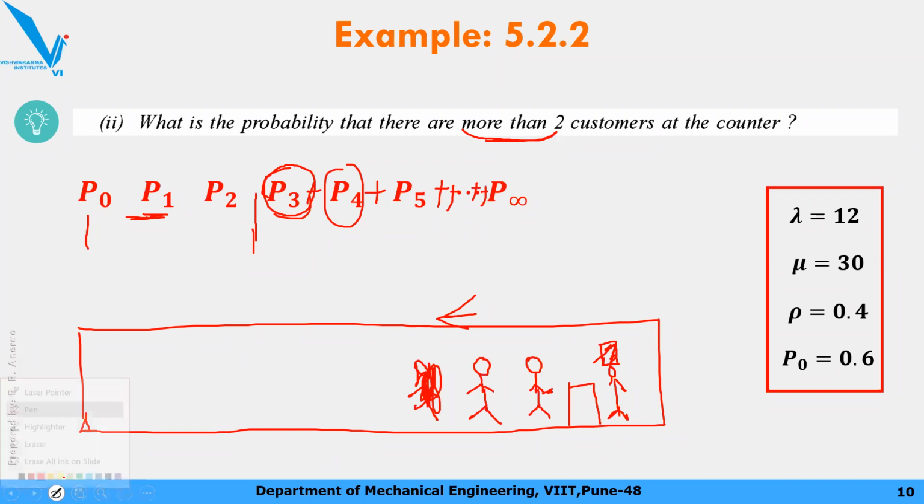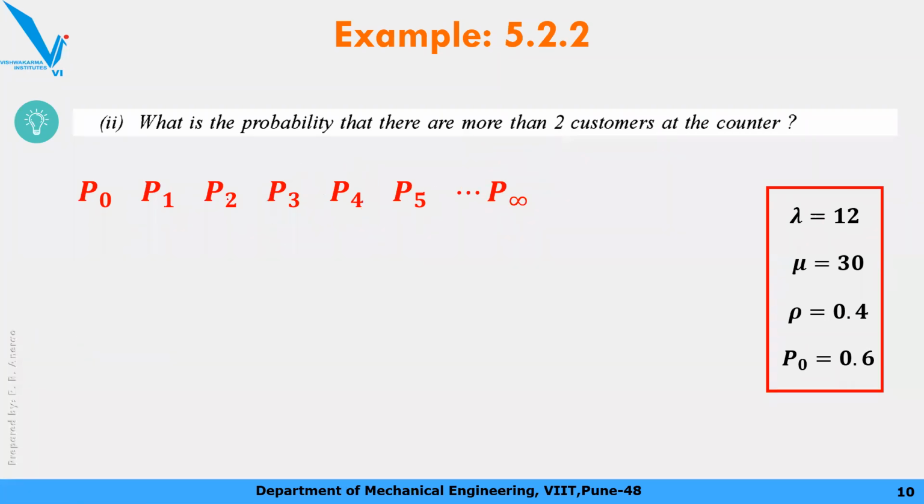Our aim is to find the sum of probabilities from 3 up to infinity. But how much would you keep calculating, P3 plus P4 plus P5 plus P6 up to P infinity? That is not a possible alternative.